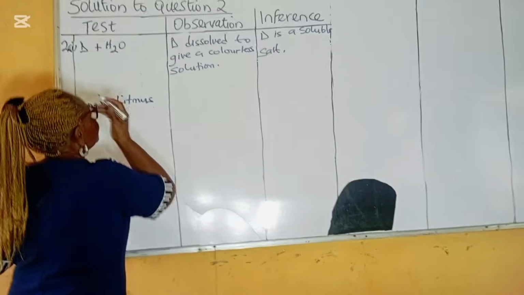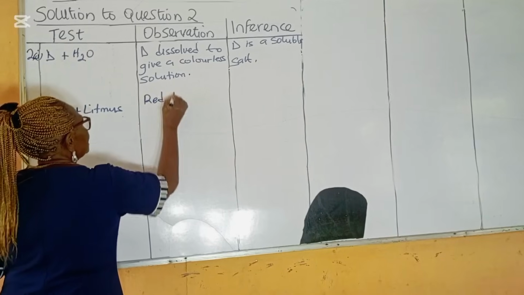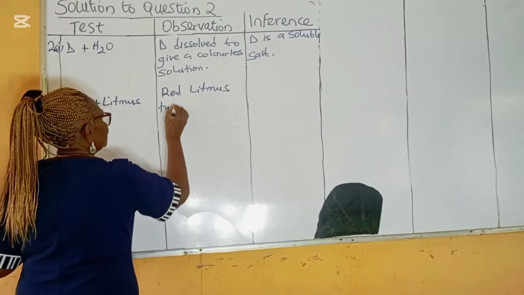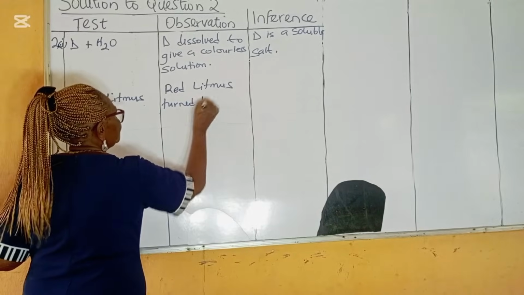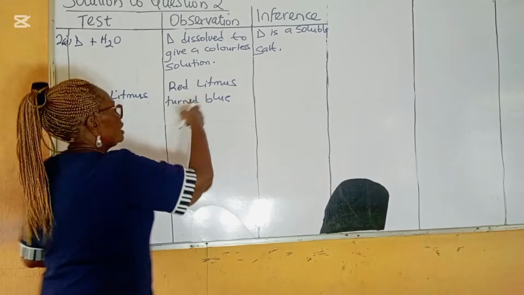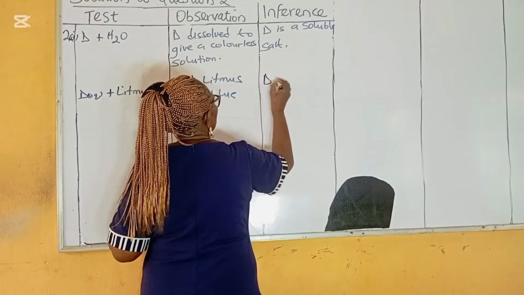So this time, let's say red litmus turned blue, meaning that solution D turned red litmus to blue. So what is solution D?